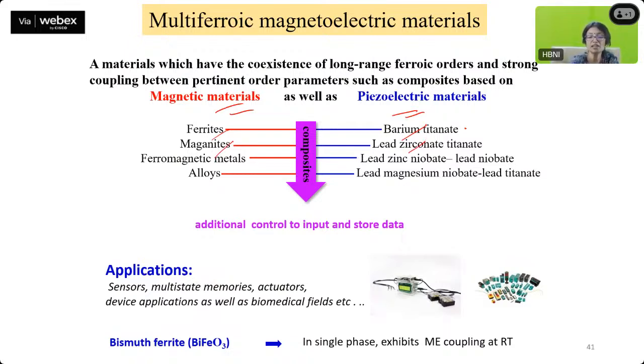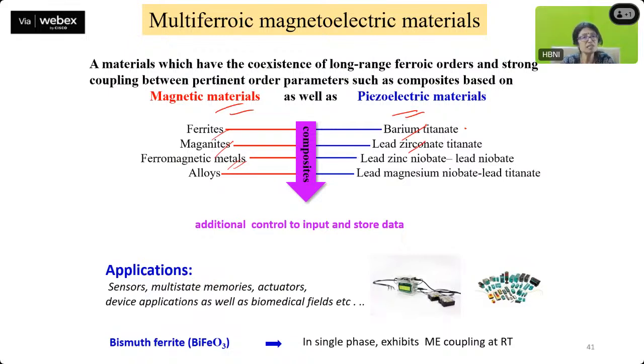On one side you have magnetic materials, on the other side piezoelectric materials. You can have different magnetic alloys on one side, and lead magnesium niobate or lead titanate on the other. You can make a composite of them and have some additional control to input and store data.